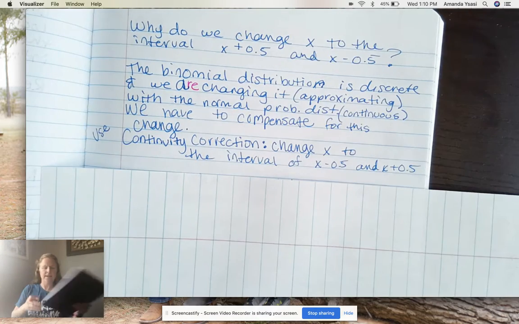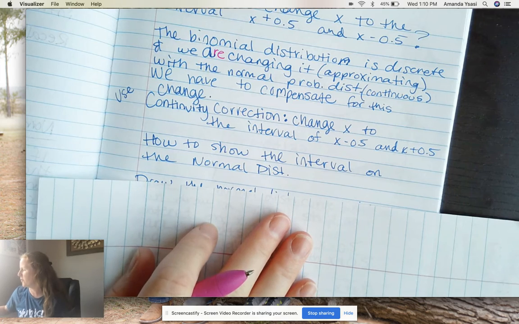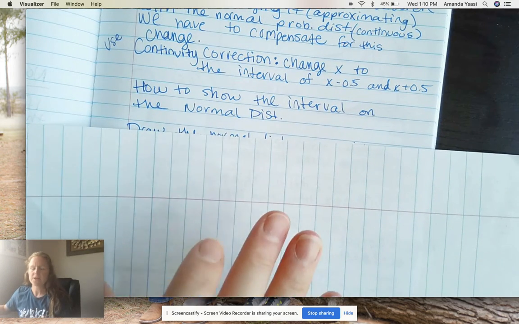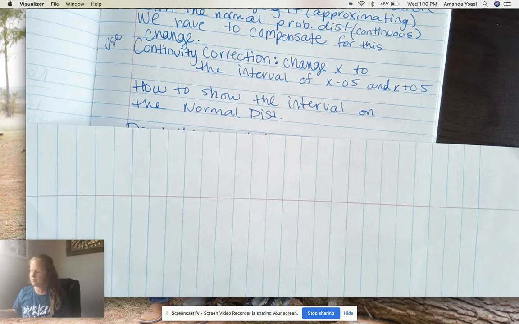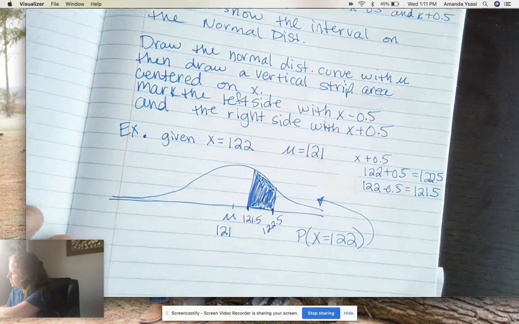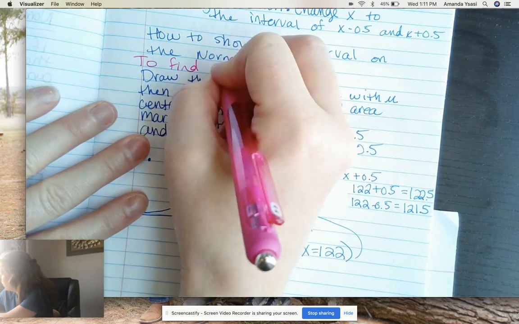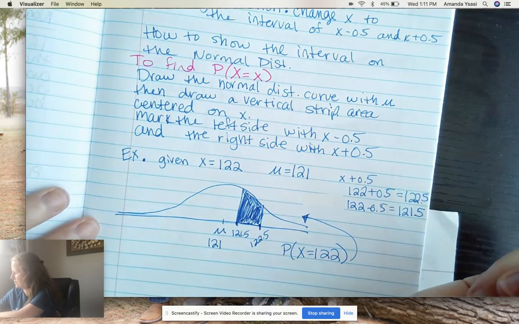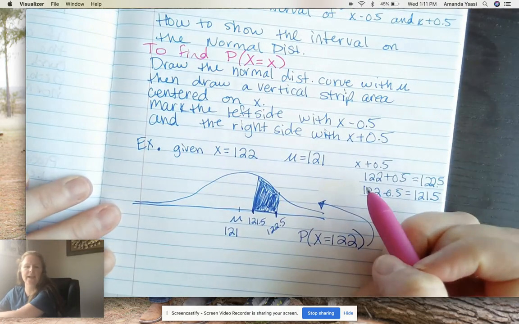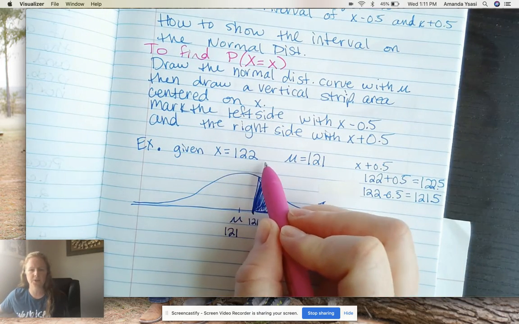Okay, so how to show the interval on the normal distribution. Let's say we're finding the probability that x is exactly x, whatever x is. In this case, we are going to say that x is 122.